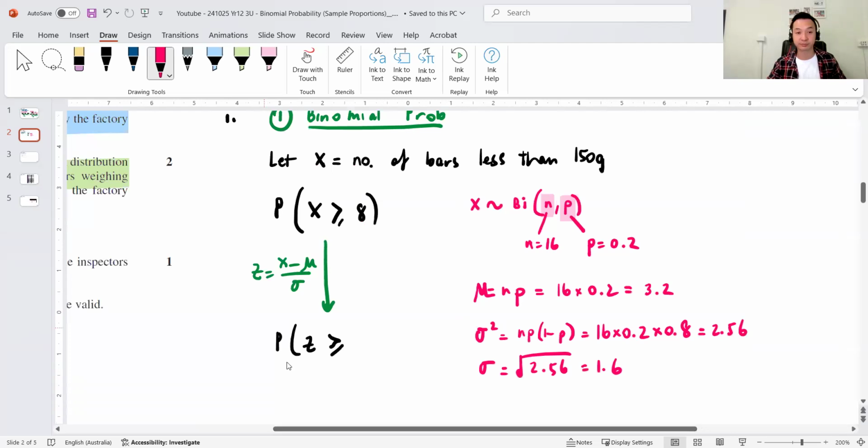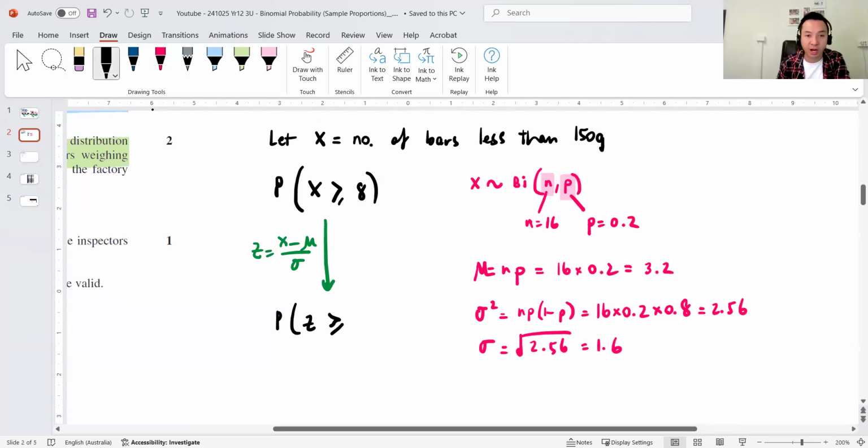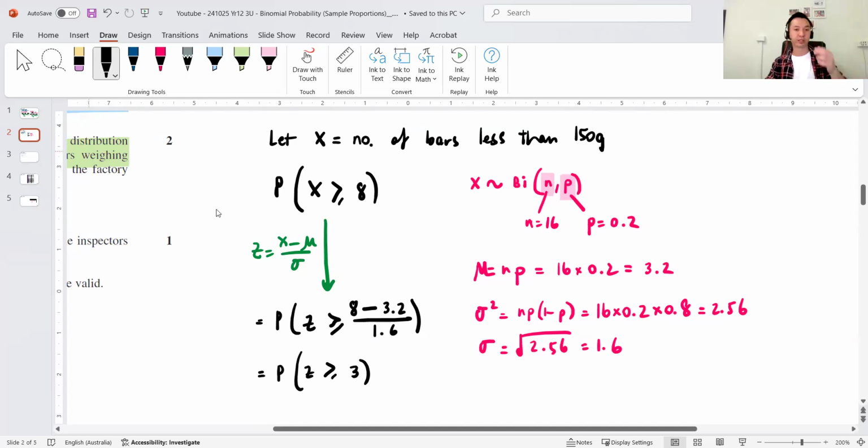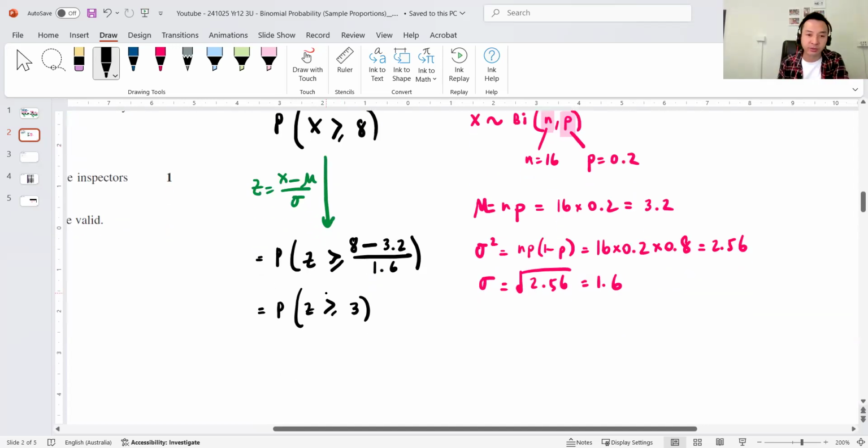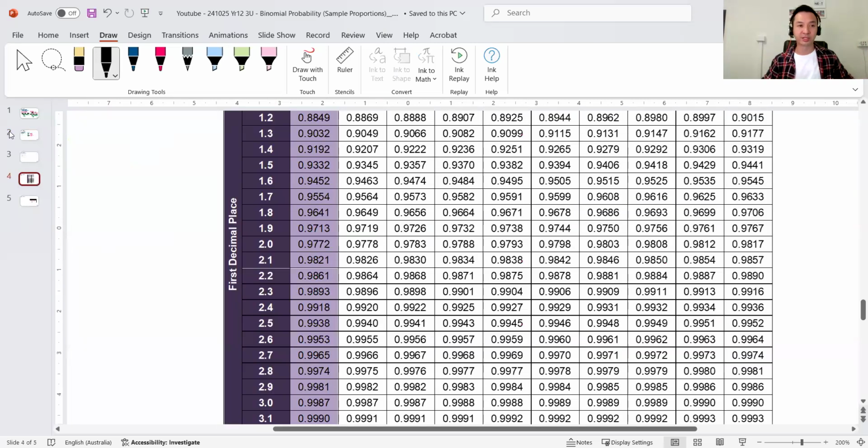So let's standardize. To standardize, I take the original x value of 8 minus mu, divided by sigma. If you did that, you get z equals 3, I believe. Do it on your calculator. Once you get that, in Year 3 maths they'll give you the table with numbers such as this one, and you just have to find it.